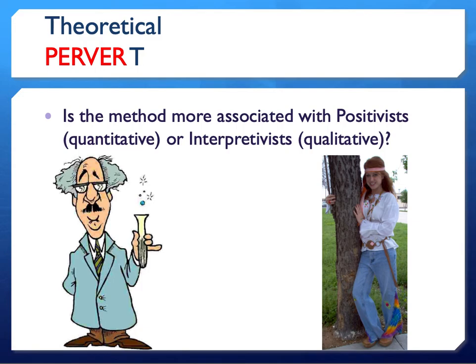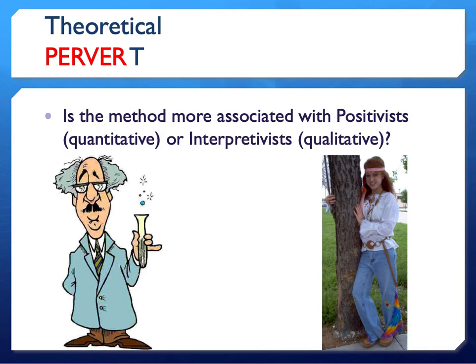Finally, in the model, the T, although perhaps we should refer to the PERVERT model as PERVERT with a capital T, because the important, really vital thing here is T, theoretical, in some cases, because some reference to positivism and interpretivism is essential when looking at research methods, and that is where the T comes into play.